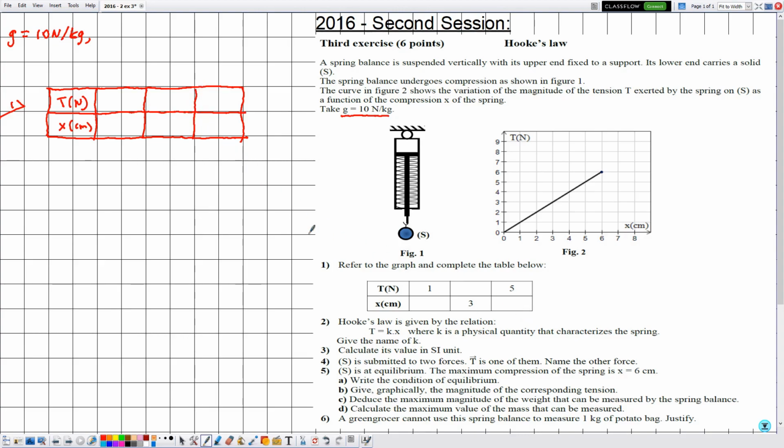The given values are 1, and for the compression 3, and for the tension 5.